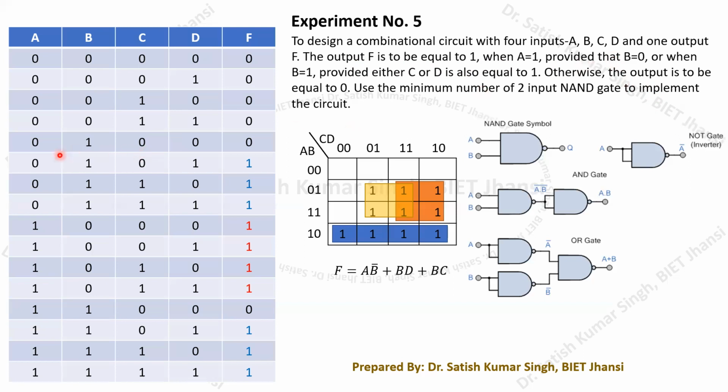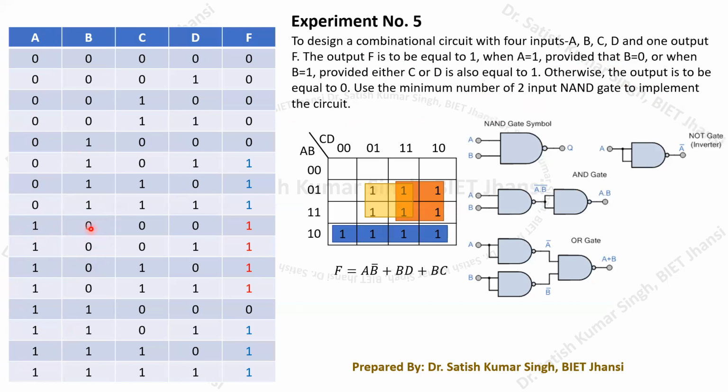Here you can identify in this truth table that these are the rows with A equals 1. We have the last 8 rows having A equals 1. Now we have to follow the second condition, that B should be equal to 0. Here you can see these are the rows in which B equals 0.